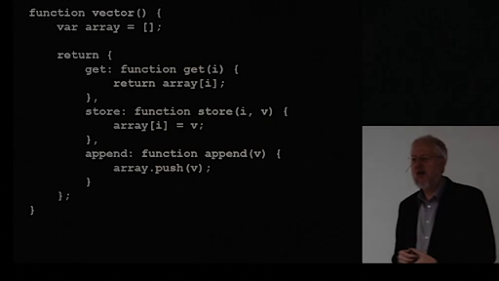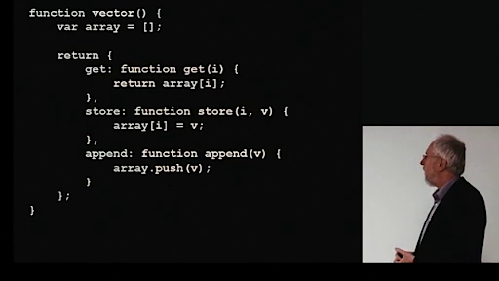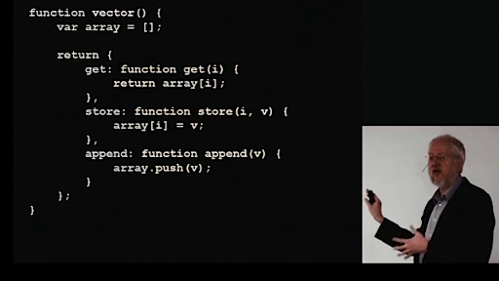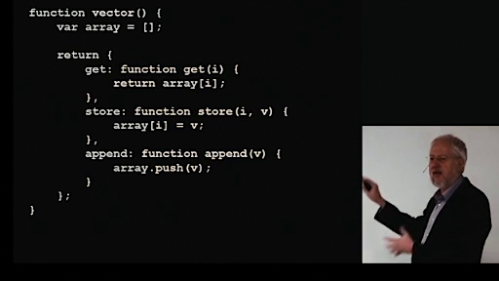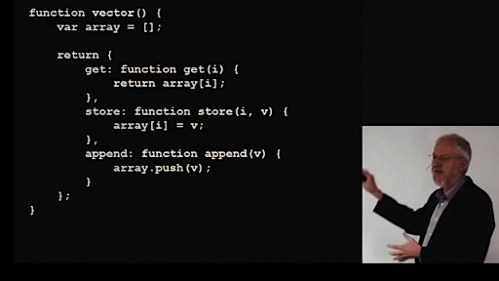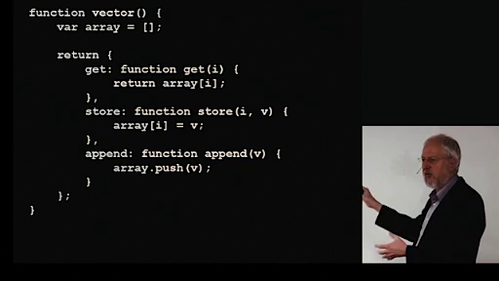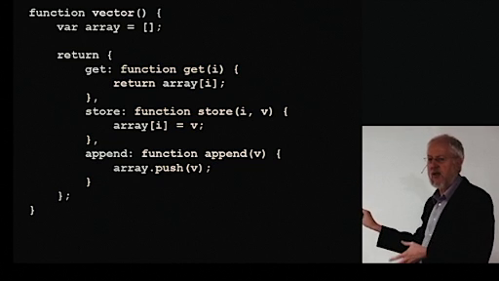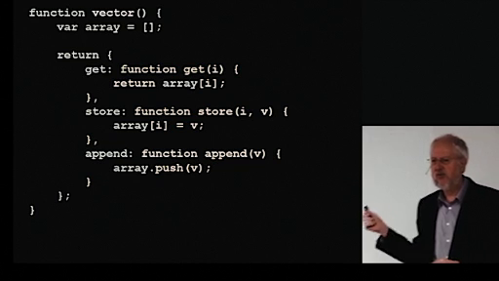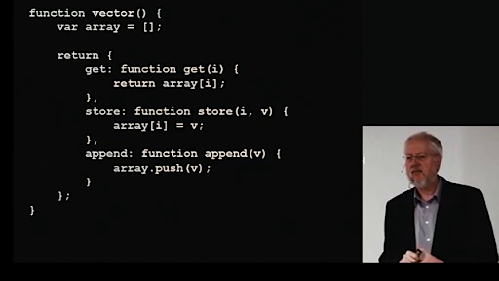Okay? So the goal is to protect array. Right. Which we have started to do. We've got the thing in a function scope. We've got methods that close over it. We've done all of that stuff well, but there is a vulnerability in the language which will frustrate our work.